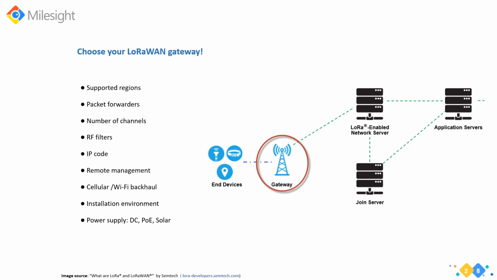You can either find one lower than 100 euros, or you can find even more than $1,000 gateway in the market according to the functionality, such as the software that runs on the gateway and how many channels they can listen to simultaneously, and how to manage those gateways remotely, because the gateway is always deployed in a high place, on the top of a building, on the roof of our office, or on the top of a mountain.